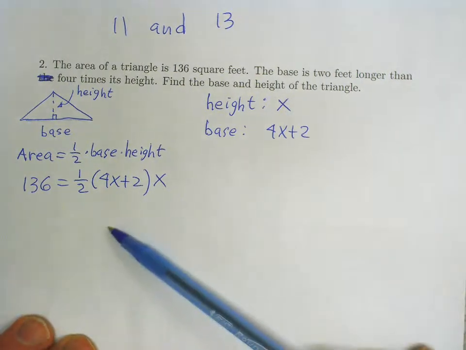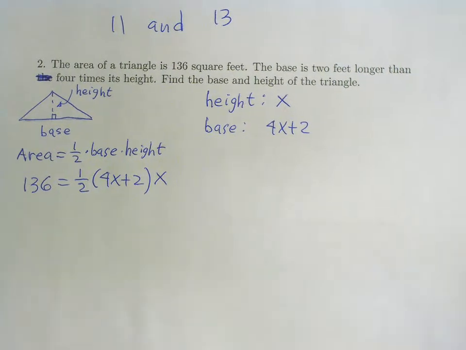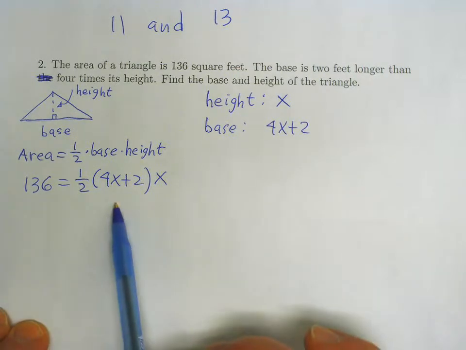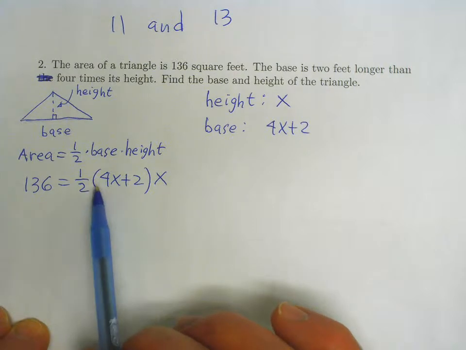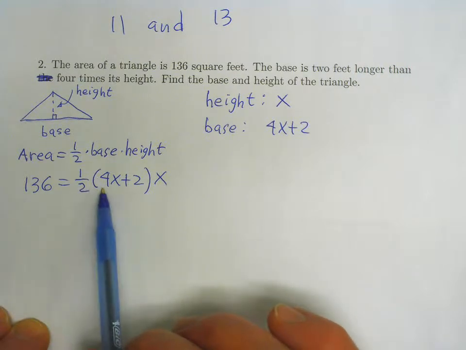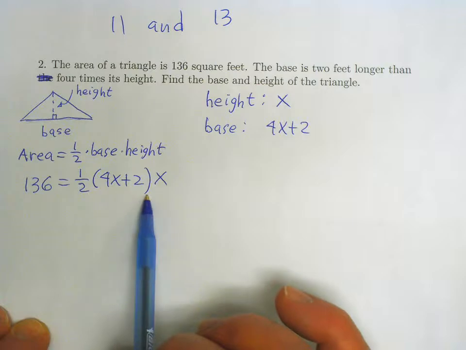The equation we have is just a quadratic equation in the variable x. It's not in standard form, but we can get it into standard form. Here we have a couple of options. What I'm going to do is multiply 1/2 times the binomial 4x plus 2.